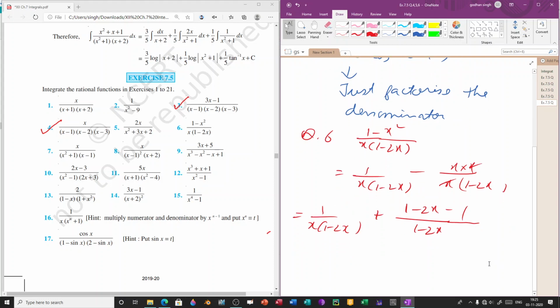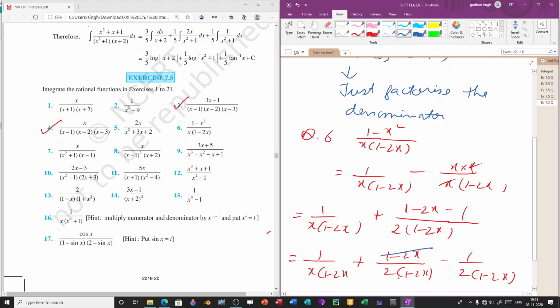Here we have multiplied with 2, so it is to be multiplied and divided by 2. So equal to 1 by x into (1 minus 2x) plus (1 minus 2x) over 2 into (1 minus 2x) minus 1 over 2 into (1 minus 2x).